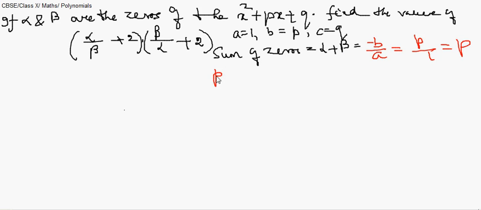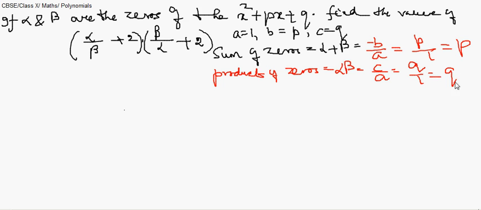The product of the zeros is represented as alpha beta, that is given by c by a. So in the equation it becomes q by 1, that is q.